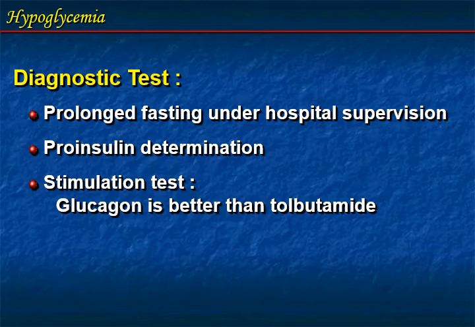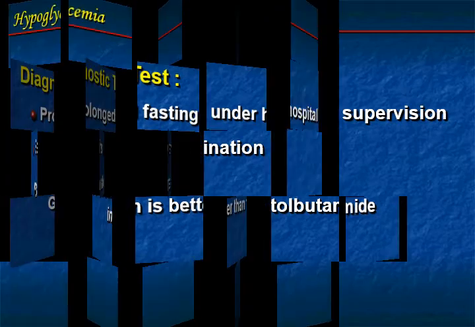So prolonged fasting under hospital supervision, measuring proinsulin, because proinsulin has an insulin-like effect, and as we said earlier, insulin is secreted as a pre-proinsulin, then degraded to proinsulin, and the proinsulin is degraded to C-peptide and insulin. The last, which we no more use, is the glucagon or tolbutamide test. Tolbutamide is a sulfonylurea drug, which we call a primary group, which is no more used nowadays.